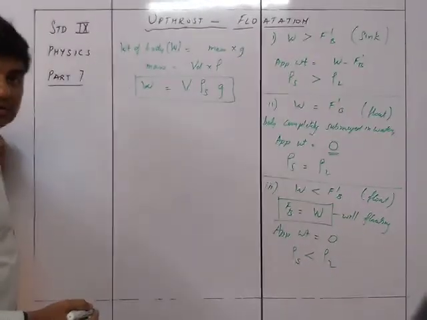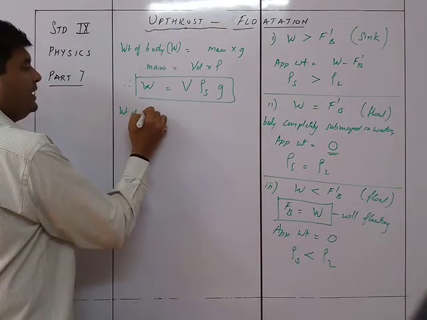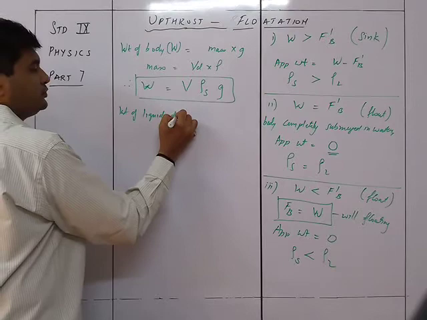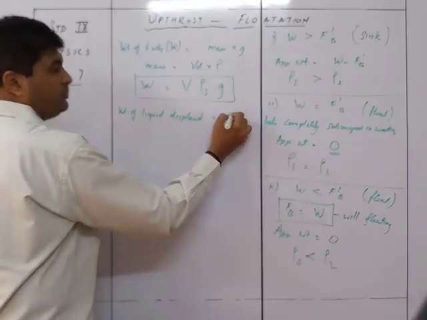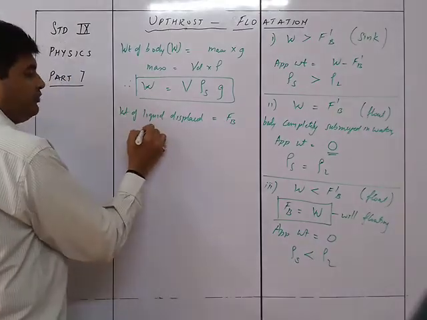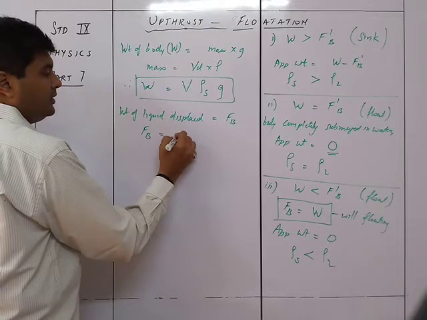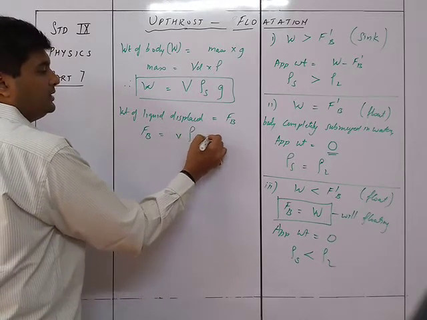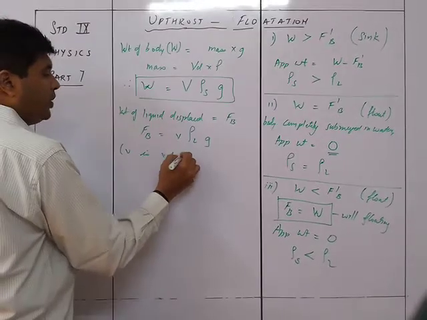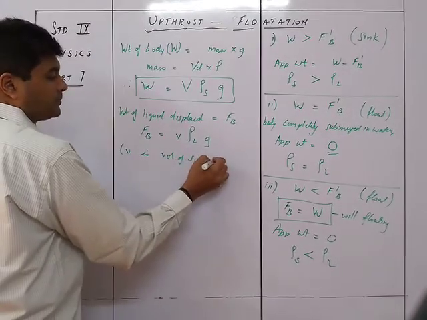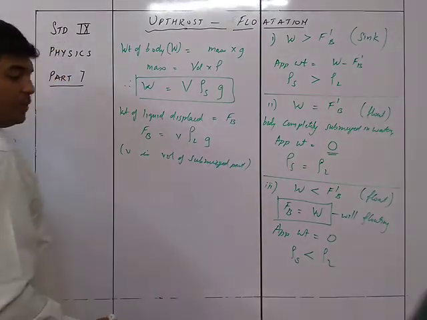We then know that the weight of the liquid displaced is equal to FB, and FB is equal to small v into rho L g, where small v is the volume of the submerged part.